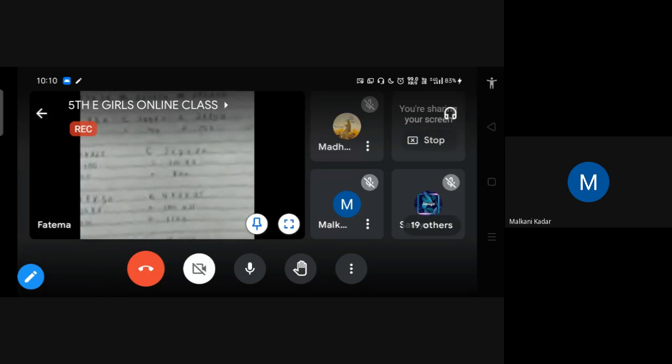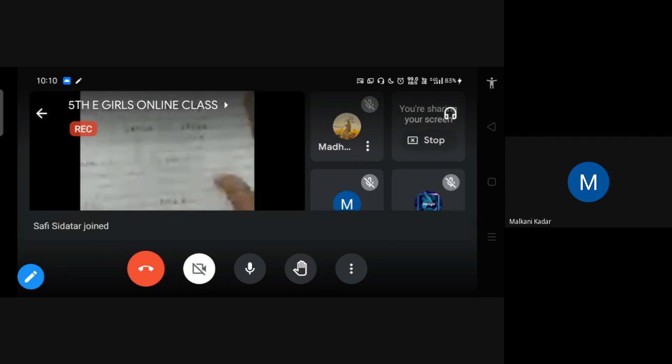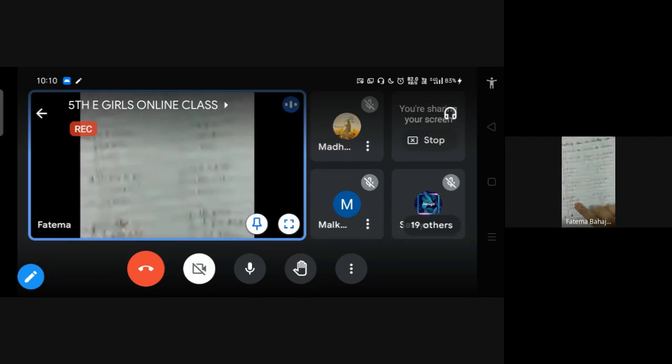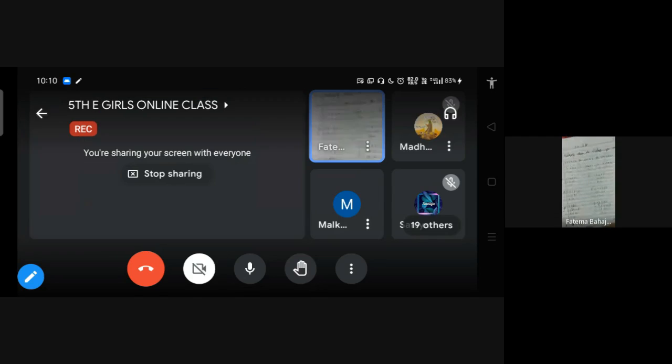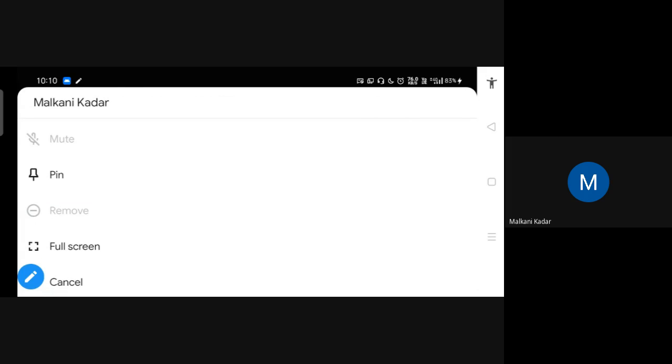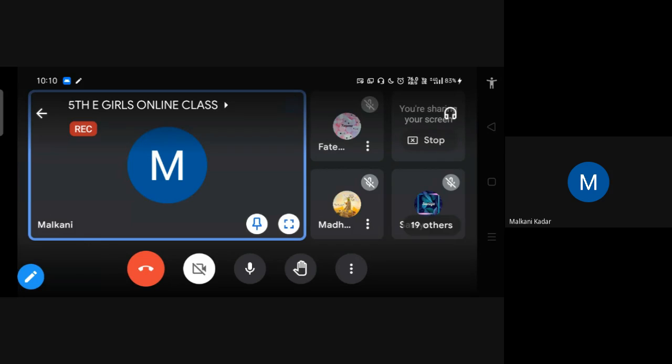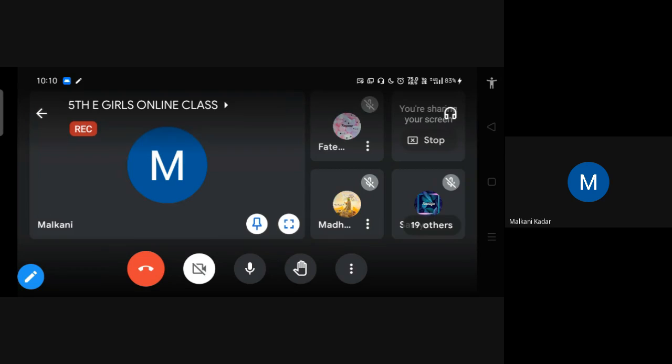Malkani Fatima, yes, but after her. Okay, good. Very good. Bajaj Fatima, yes. Ma'am, should I present screen? You can, or just turn on the camera as you wish. Ma'am, I am presenting screen. Okay, but the wallpaper should not be there, your photo, nothing will be there. Directly the book.